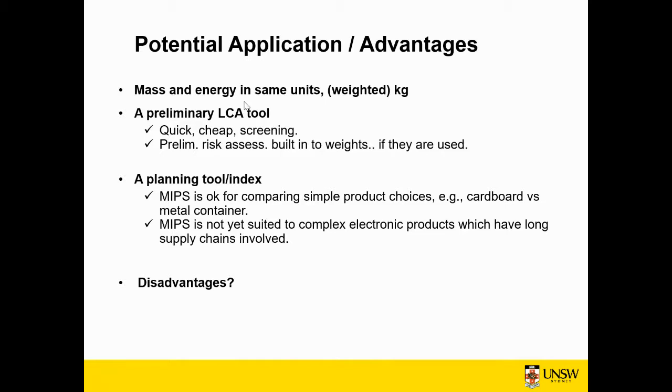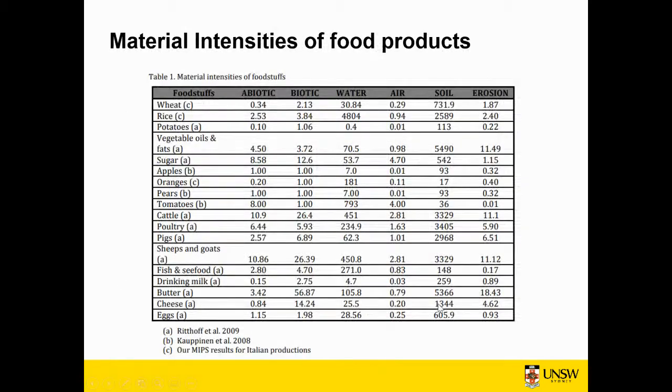What's the unit of the material intensity for food products? Good question. There is no unit here. Sorry, I apologize for that. I should have looked at the paper and put it here. I can't remember if it's tons by ton. I believe it is tons by ton of each product, but I'll have to check.